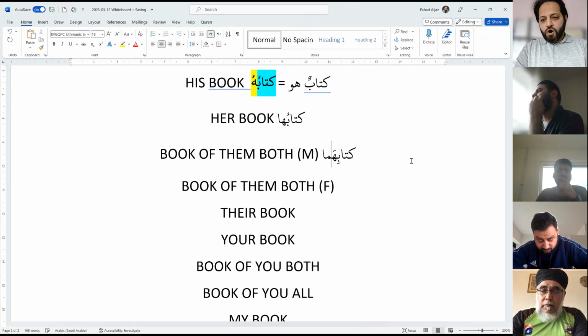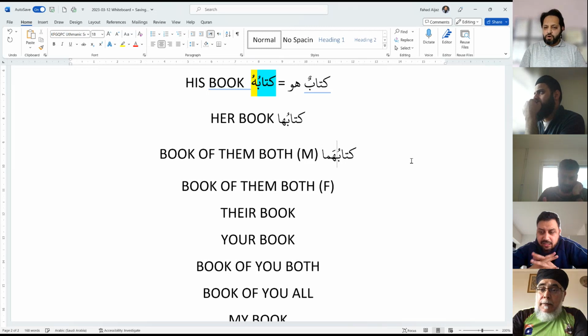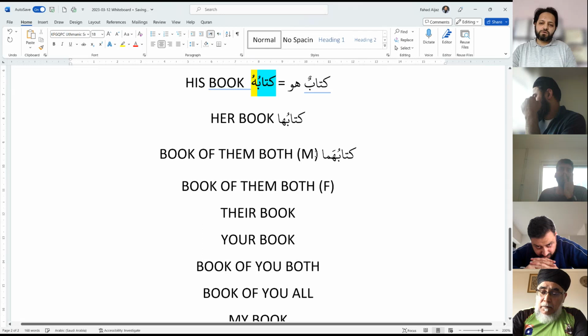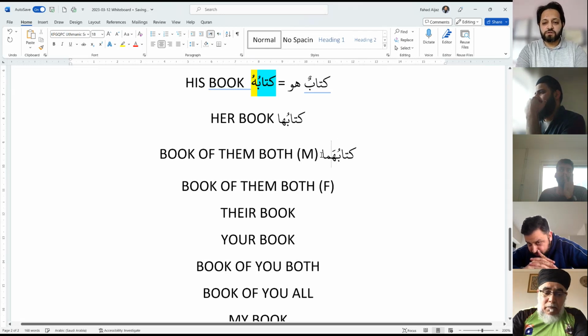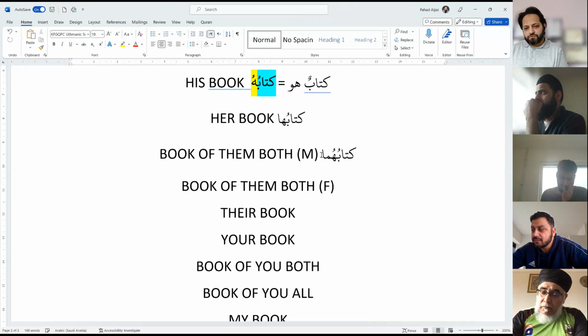Or there is a ya, not a ba, before it. Kitabuhuma. Now, in this particular case, you can't tell if this huma is masculine or feminine, right? Because the word kitabu doesn't really tell you that.